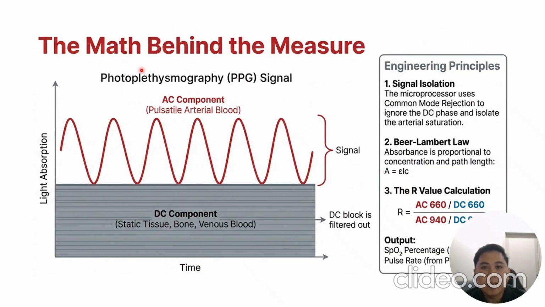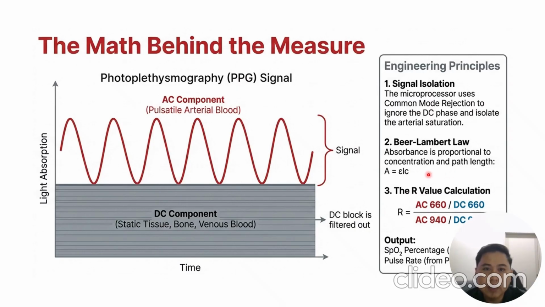The math behind the measurement: to turn the light signal into a number, the device relies on a PPG signal. The signal received has two components: the DC component, which represents static tissue like bone and venous blood, and the AC component, which represents the pulsatile arterial blood. The microprocessor uses common mode rejection to filter out the DC noise and isolate the arterial signal.